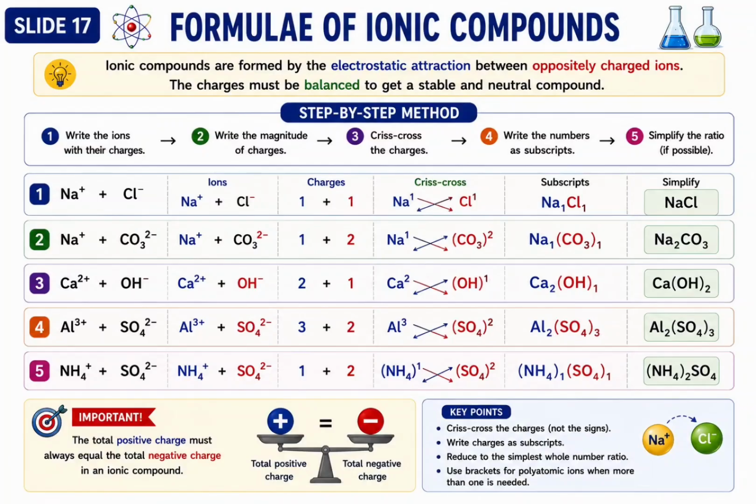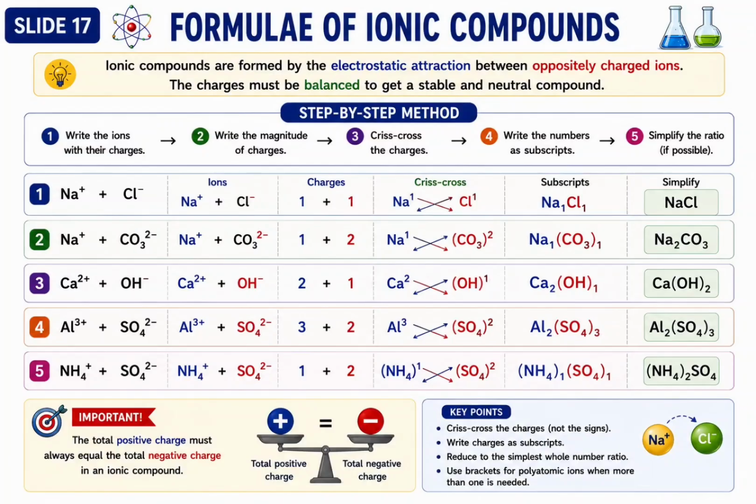Here is the most important rule: the total charge must be balanced. So sodium chloride: Na+ and Cl- gives NaCl. One positive balances one negative. Now look at sodium carbonate. Sodium has a plus 1 charge, carbonate has a minus 2 charge. So we need 2 sodium ions to balance.